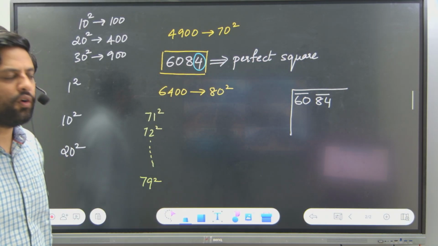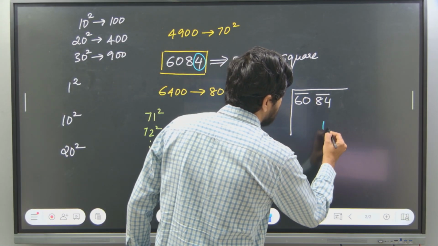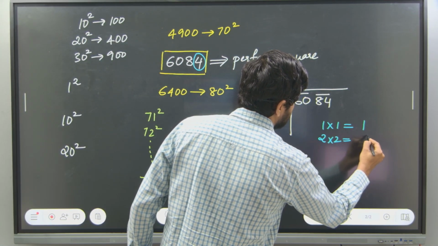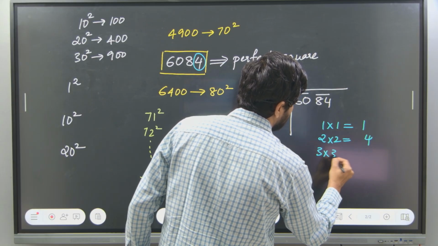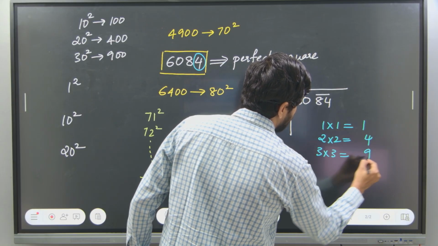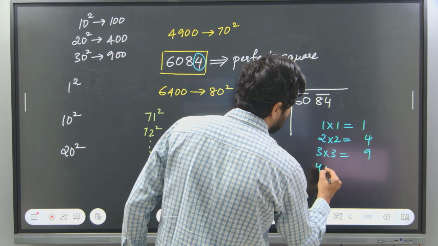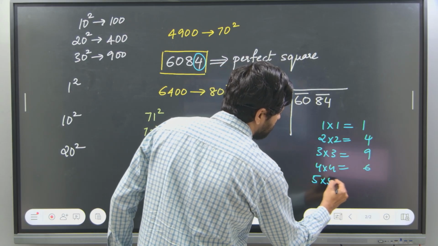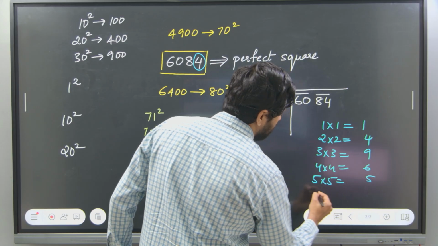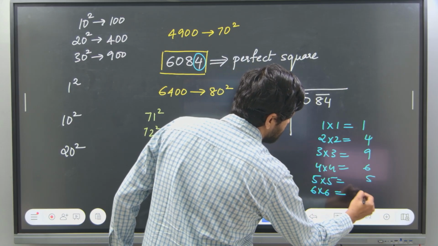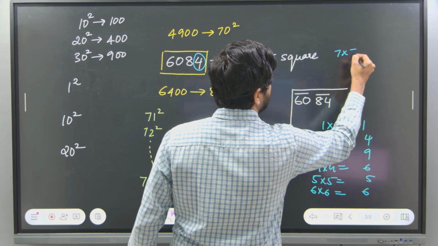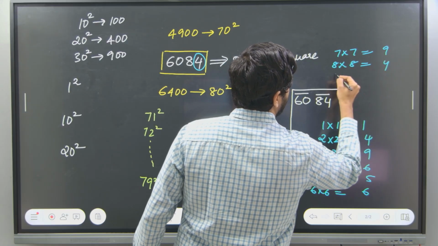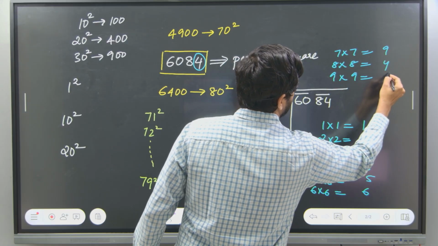When will it end with 4? So 1 into 1 will end with 1. 2 into 2 will end with units place 4. 3 into 3? 9. 4 into 4? It will end with 6. I'm just writing the units place. 5 into 5? 5. 6 into 6 ends with 6. 7 into 7? 9. 8, 8, 4. 9, 9, 1.